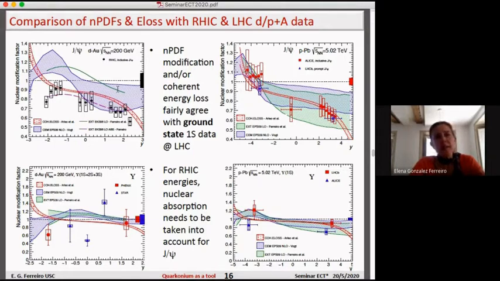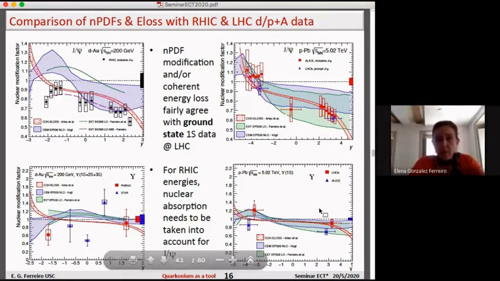And here you can see that without any other effect, the result is too high. But then you will obtain the right effect if you introduce other effects, that in this case is the nuclear absorption. That means that the J/psi could be destroyed by the interaction with the nucleon spectators that are in the collision. For the upsilon, you have here the results.